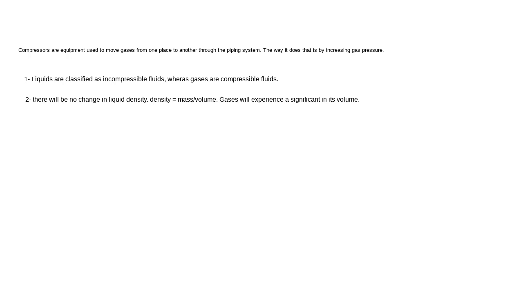with the piston at the top, okay, and we have gas molecules inside.